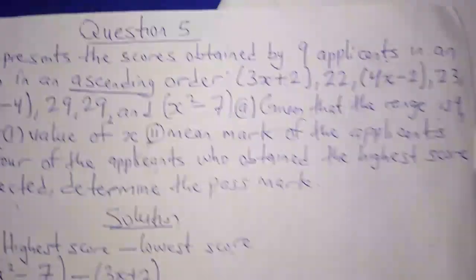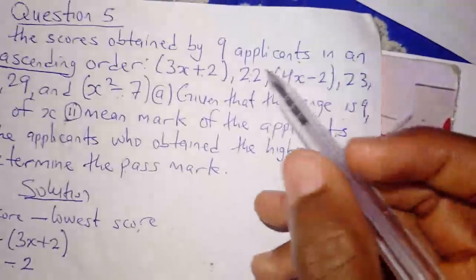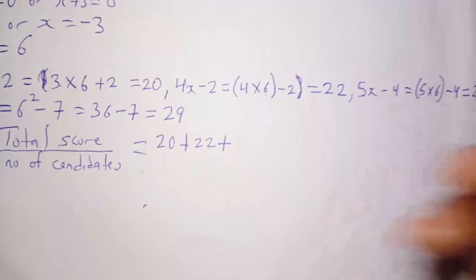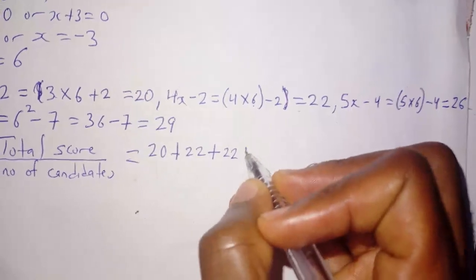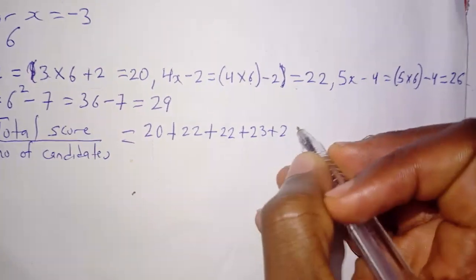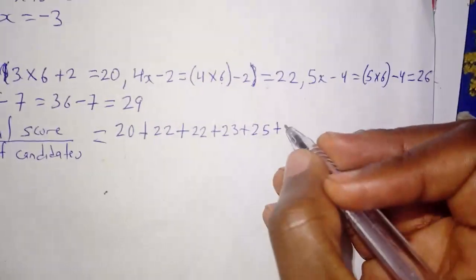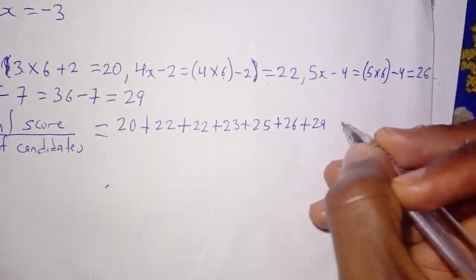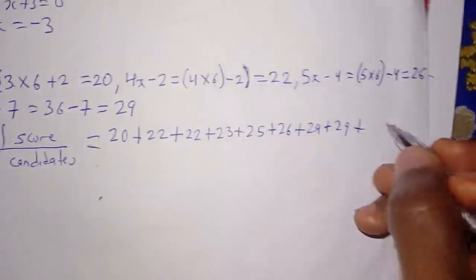So 3x plus 2, we found that to be 20, plus the next score is 22, plus 4x minus 2, which we have found to be 22 as well. 22 plus the next one is 23 if you follow, and plus the next one is 25, plus 5x minus 4, which you found to be 26, plus 26, plus the next one is 29, plus 29, and plus the last one is x squared minus 7, which you also found to be 29.